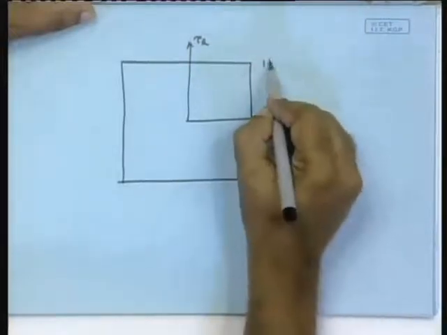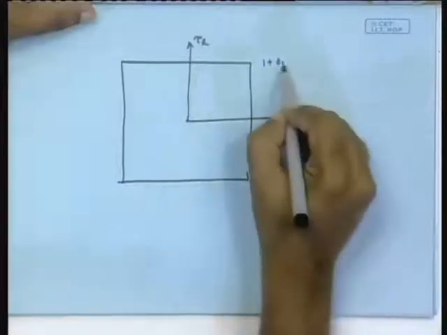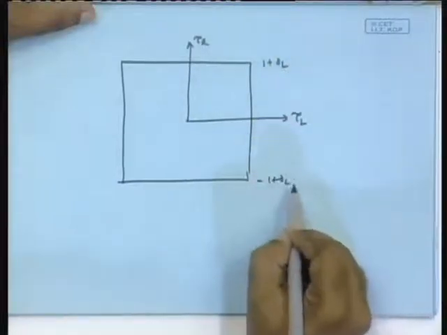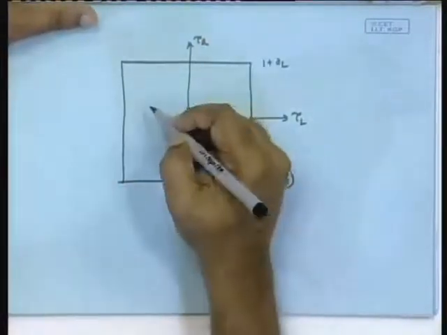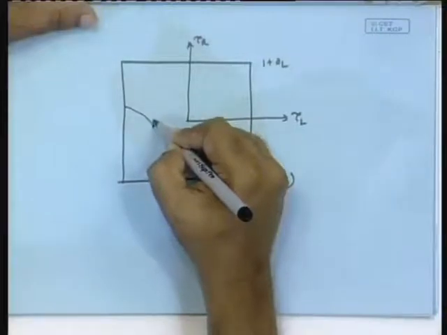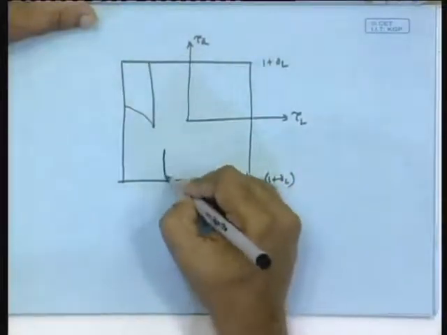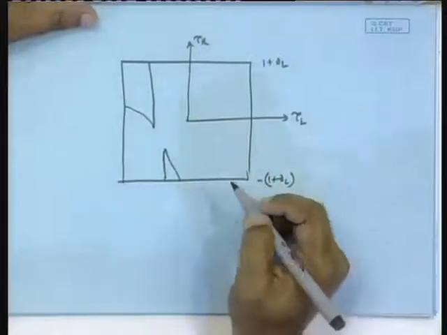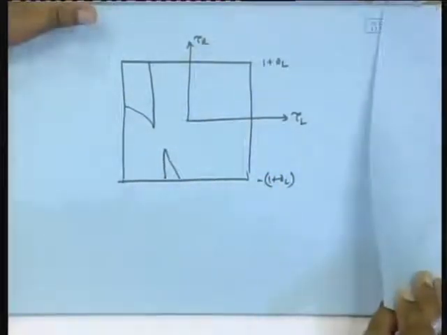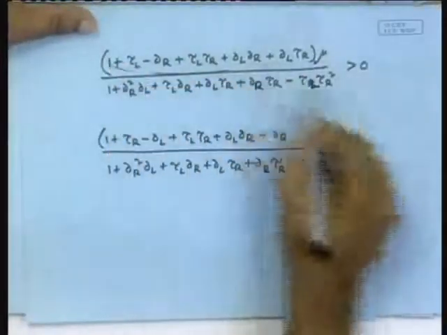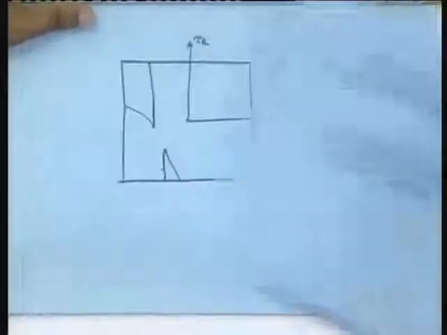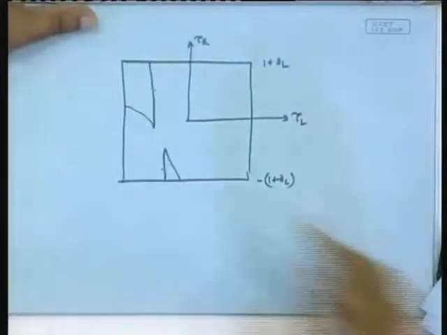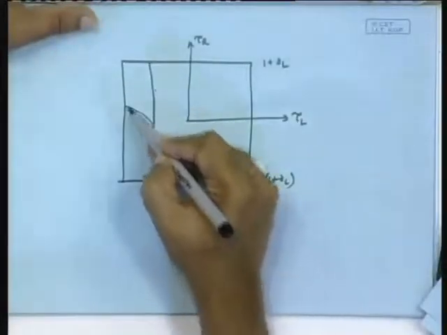This is 1 plus delta L, minus 1 plus delta L, and so on and so forth. This condition will turn out to be like this, and out of that, one is this condition which is here, another is this condition which is here, another is the denominator condition which is there. It is actually a single line.